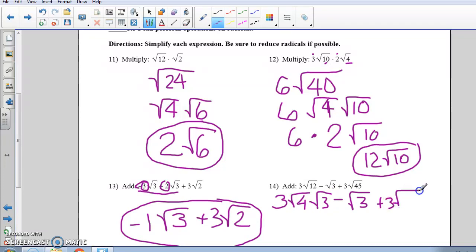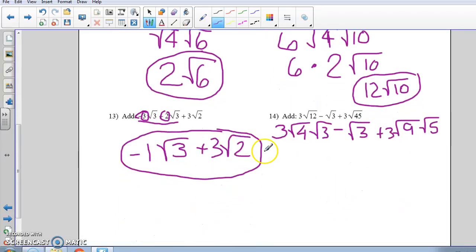And then for 45, you can divide that by a perfect square of 9. And if you divide by 9, you get 5. Square root of 4 is 2, so we're going to replace that term. And there's nothing we can do about the square roots of 3. Square root of 9 is 3, so we're going to bring a 3 out. And nothing we can do to simplify square root of 5.